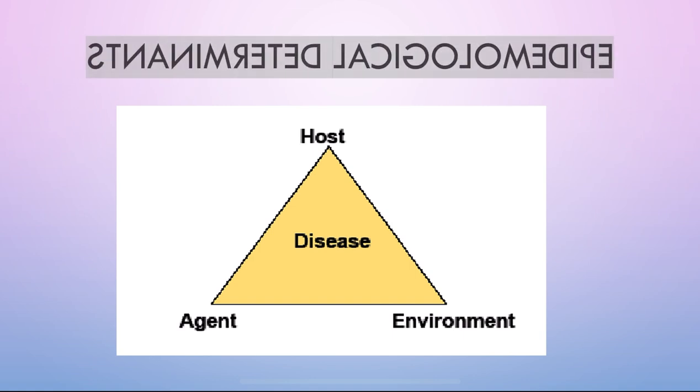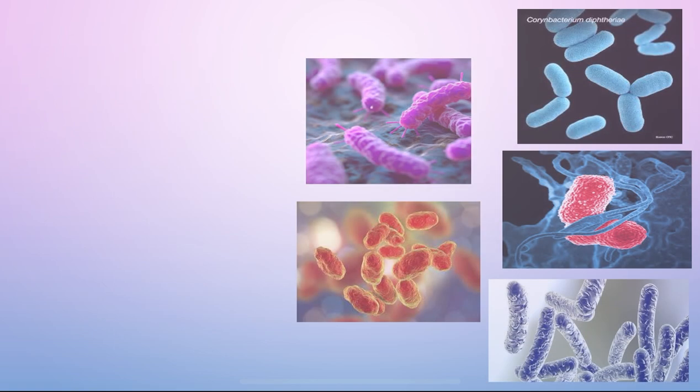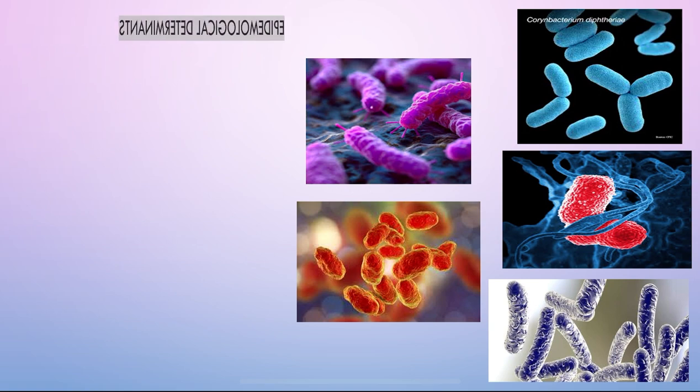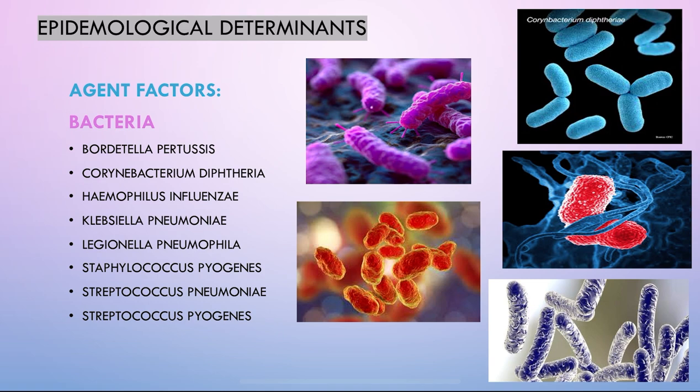Moving further to the epidemiological determinants, we have the agent factor, host factor, and environmental factor. Agent factor is the bacteria: Bordetella pertussis, Corynebacterium diphtheriae, Haemophilus influenzae, Klebsiella pneumoniae, Legionella pneumophila, Staphylococcus pyogenes, Streptococcus pneumoniae, Streptococcus pyogenes.